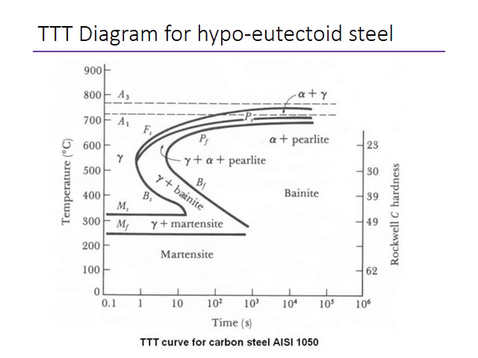It means that they have less than the eutectoid composition, so less than 0.77 weight% carbon. So this steel has 0.5 weight% carbon, so it's a 1050 steel.